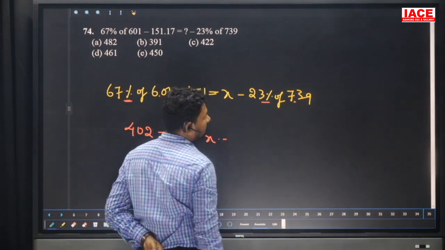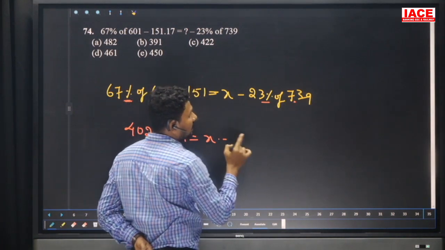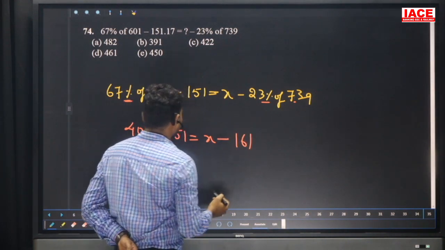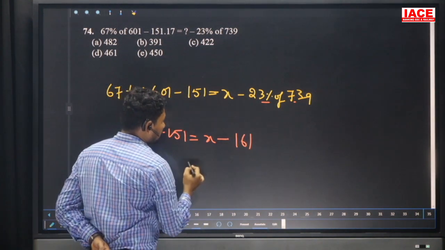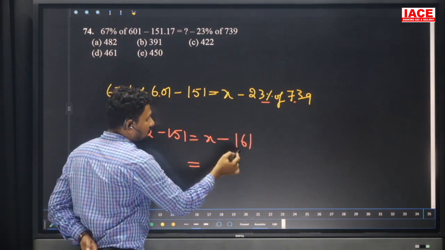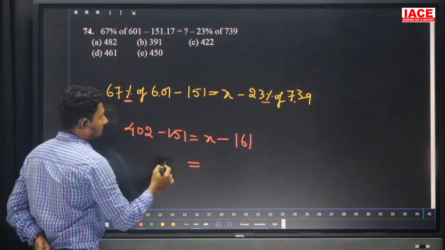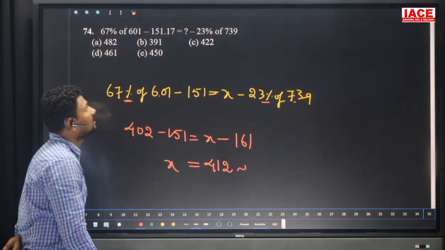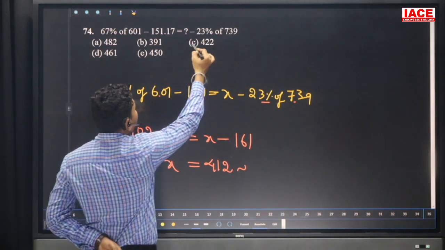Percentage wise I am applying the decimal. 7 20s is 147, 3 is 21, which is equal to 161. So minus 151 comes to the minus 161 side, then it becomes a plus, it is equal to minus 10. Minus 10 is added to x, it is equal to 412, which is the option very near to 412. That is our answer approximately. Our option is C, 422.